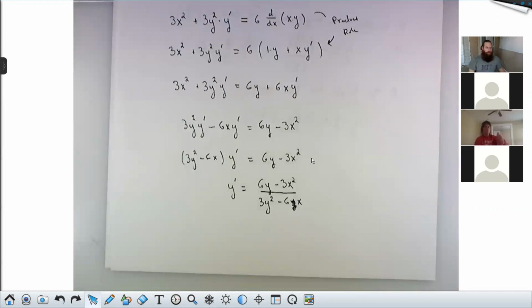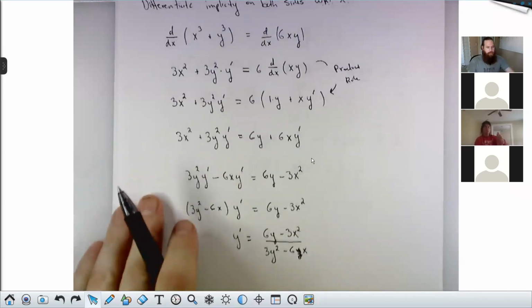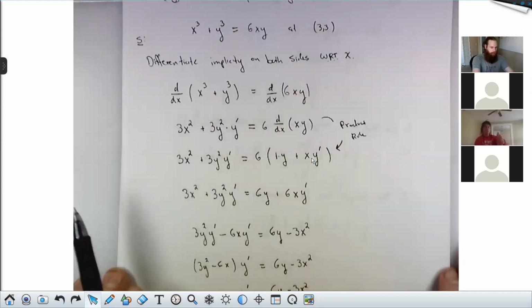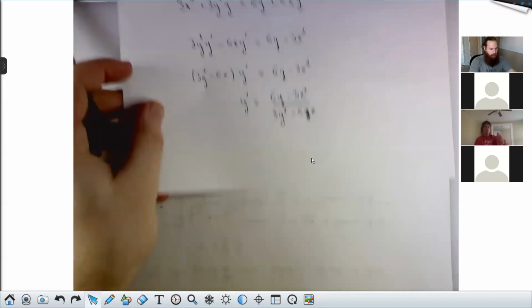Now what I wanted to do is find the equation of a tangent line. So I need to plug in the x and y values at the point where I'm trying to find the tangent. That's 3, 3. So I'm going to plug in 3 for both x and y in the formula I have here for y prime.